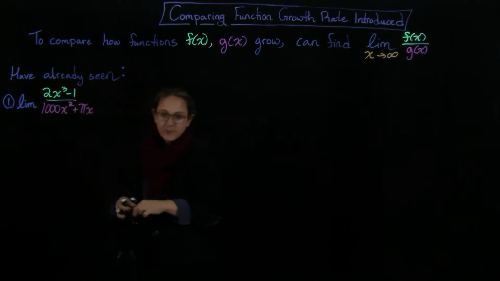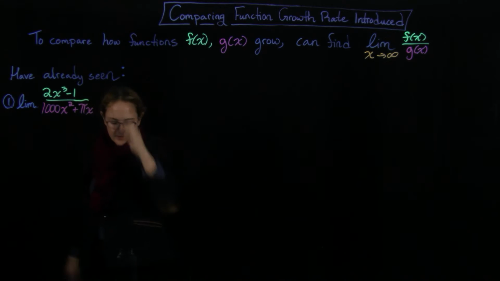This is an example of a rational function. We have a polynomial on the top and a polynomial on the bottom.